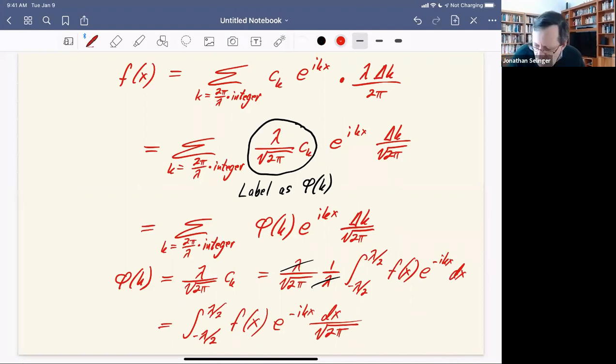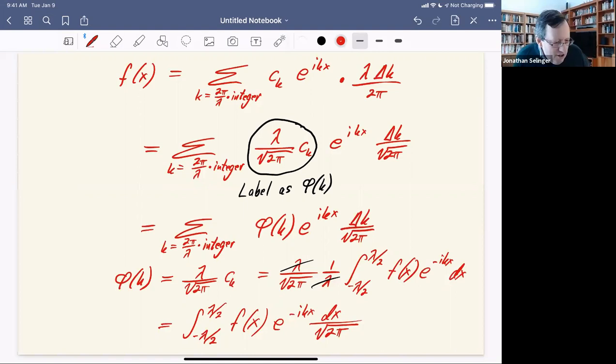Okay, so here is my pair of equations for a Fourier series. Now, I've just manipulated it a little bit, right? But it's still the same thing, right? I've just changed my notation a few times. Okay.